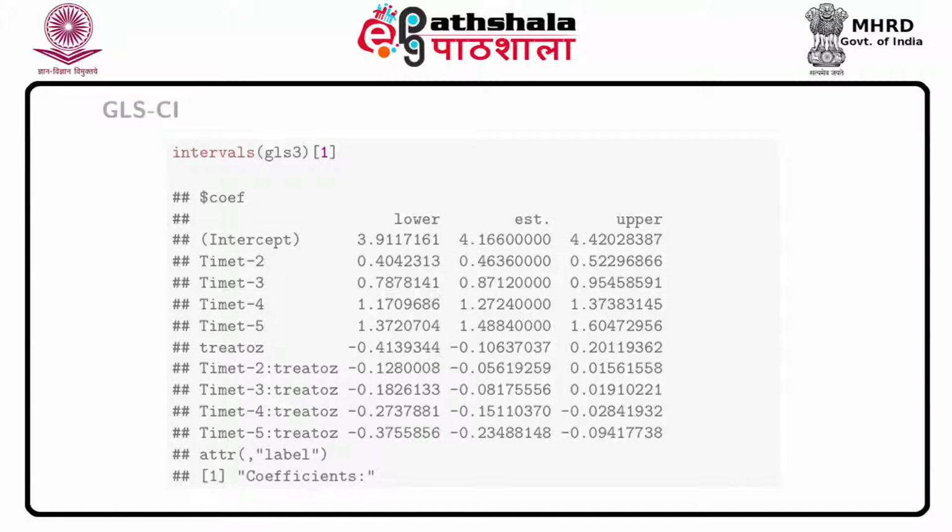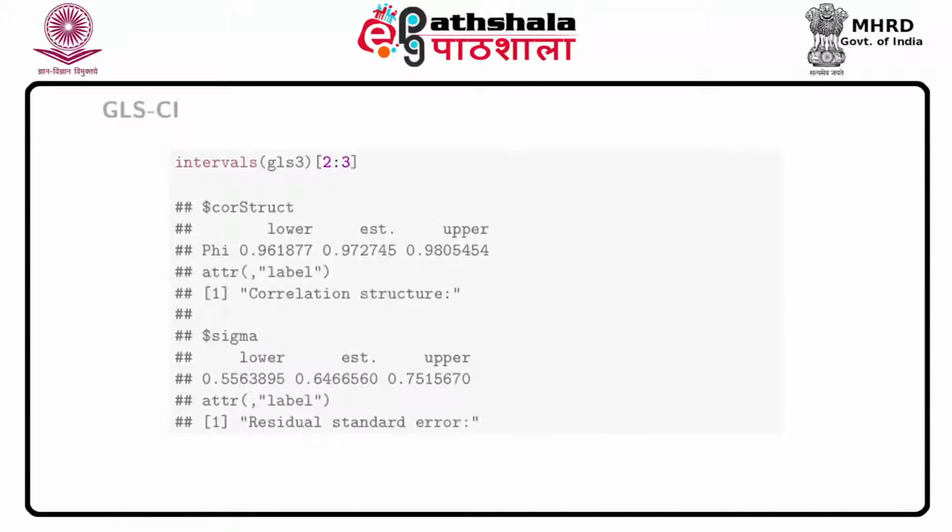So we are using the intervals of the coefficients and not of the variance components. It is giving the estimates along with their confidence intervals. If we use 2, 3, it gives the correlation structure: what happens to phi, what's the correlation, what's the variance component for sigma, and what's the confidence interval of sigma, and all those things.